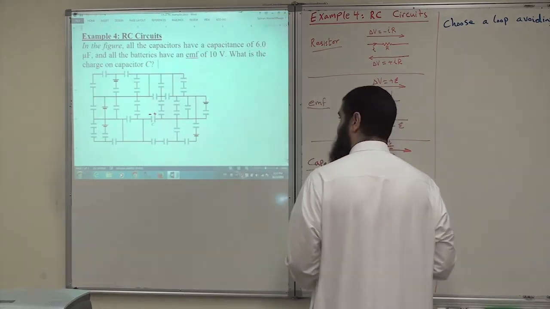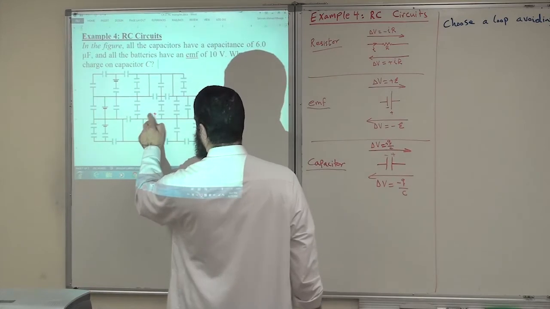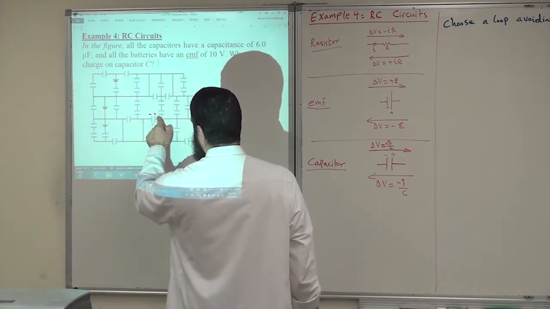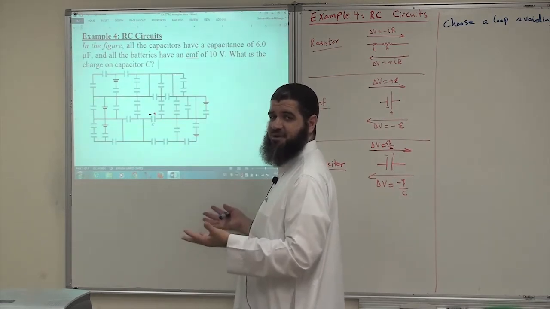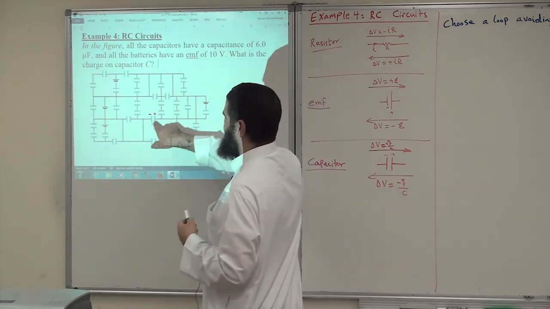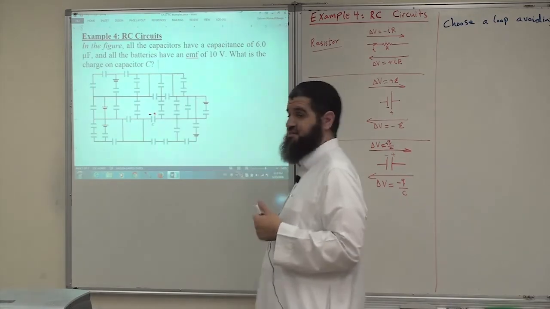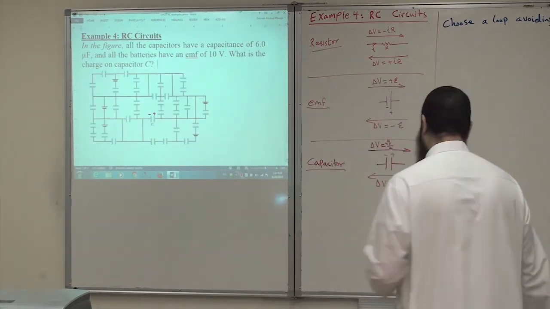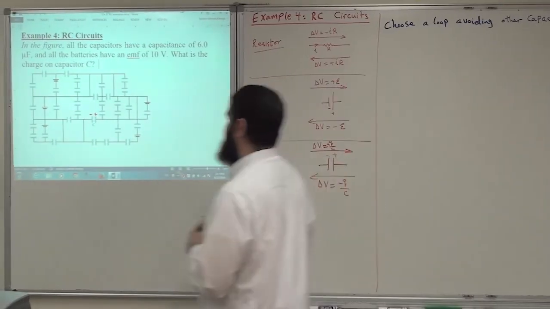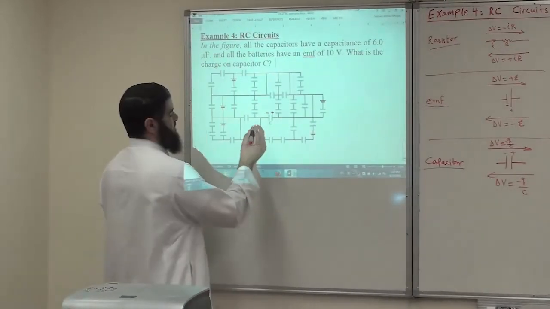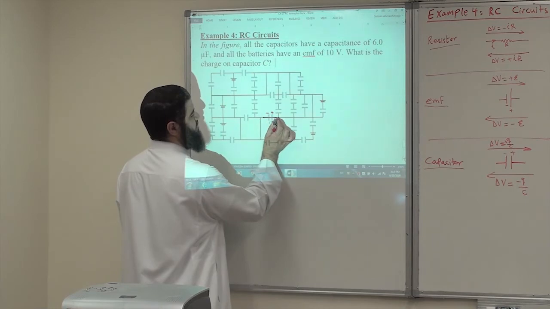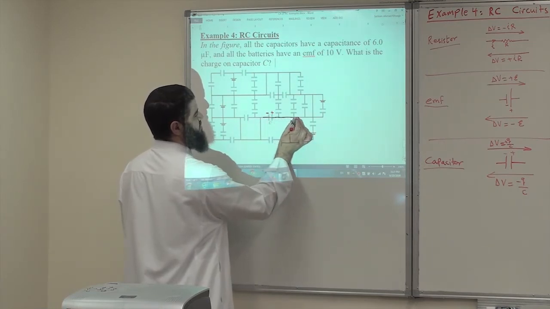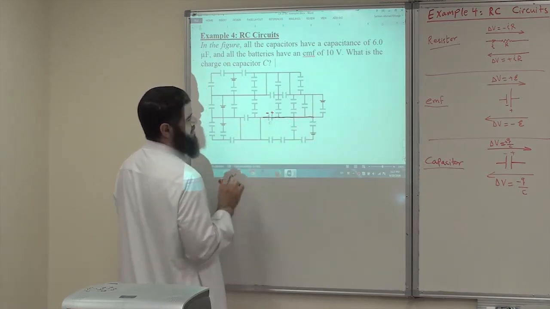So I have proposed this minus and plus. It might be correct, it might be wrong. After finishing the problem, we will know whether this is a correct choice or reversed choice. So let me start the loop. I'll start from this side to that side. I go this way. I'll avoid passing through capacitors. So I go here.